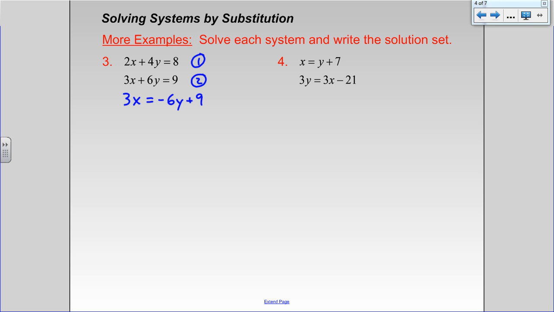Then divide by 3 on both sides, being careful to divide each term on the right-hand side by 3. So equation 2 now states x equals negative 2y plus 3. We can substitute into equation 1, replacing x with the equivalent expression negative 2y plus 3.